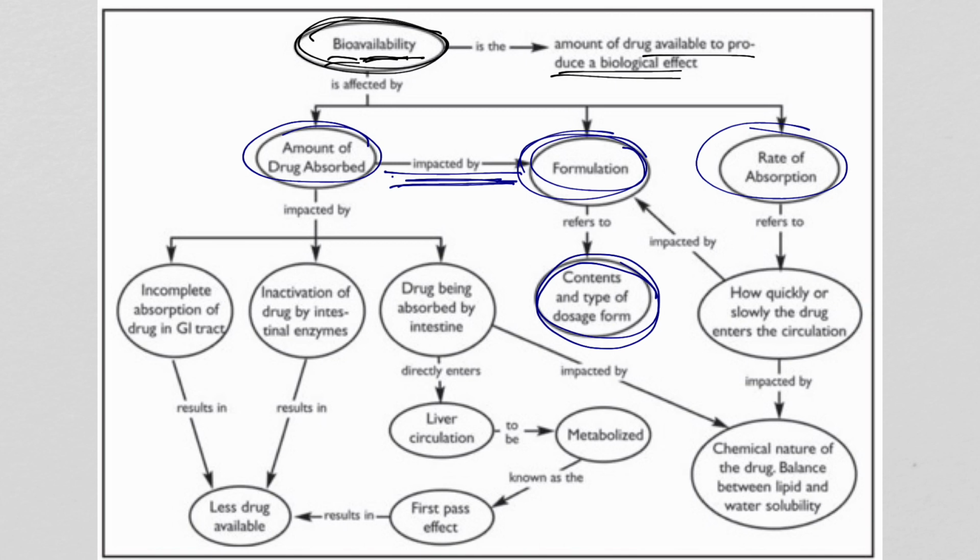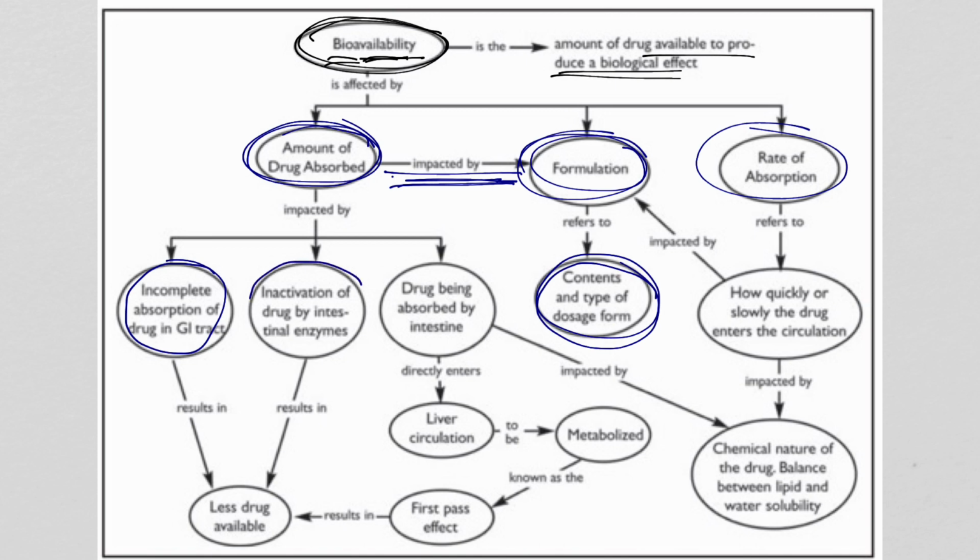But then if we move back, the amount of drug can also be impacted by three kind of distinct or indistinct processes. The first one is we can have a drug that gets absorbed and moves into the GI tract, and in there it stops, right? So there's incomplete absorption of the drug in the GI tract. In other words, the drug just becomes consumed by the gastrointestinal tract and does not get transmitted to the small intestine, right?